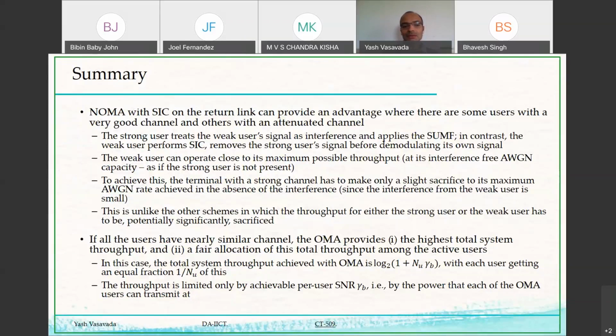And so now the NOMA with the SIC performed by the weak user can give you a system performance which is going to be better in terms of the overall throughput, as well as in terms of the fairness to both the users.